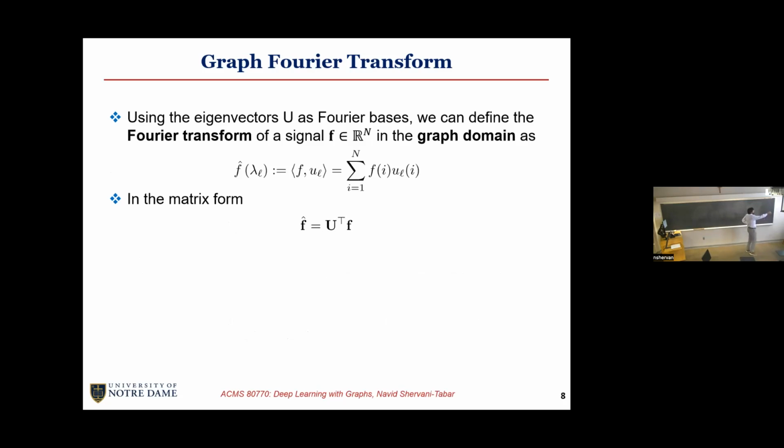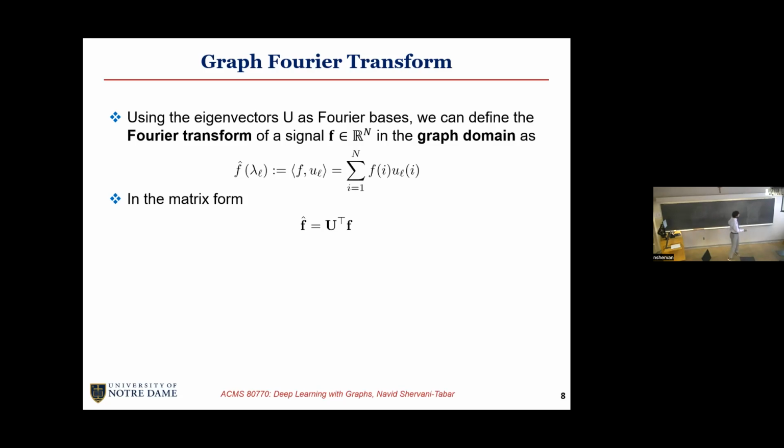We can find the spectral representation of that signal, meaning essentially a Fourier transform, a graph Fourier transform, which takes the signal residing on the space of the nodes of the graph into the space of the eigenvalues of the graph.